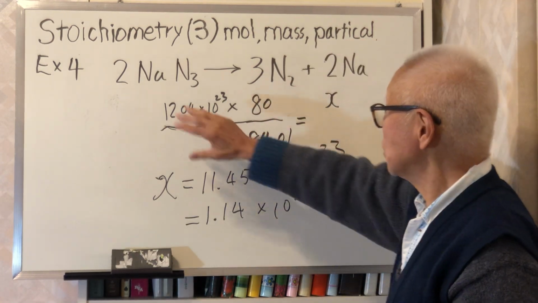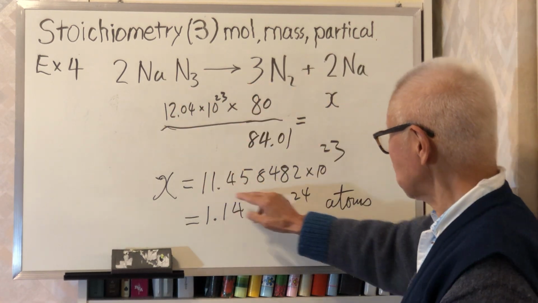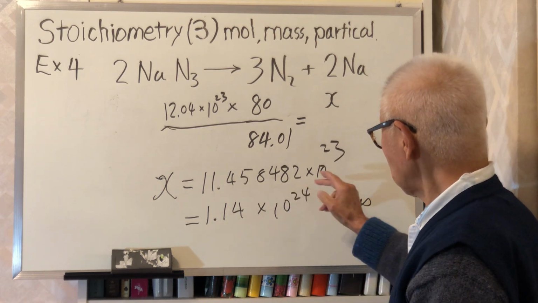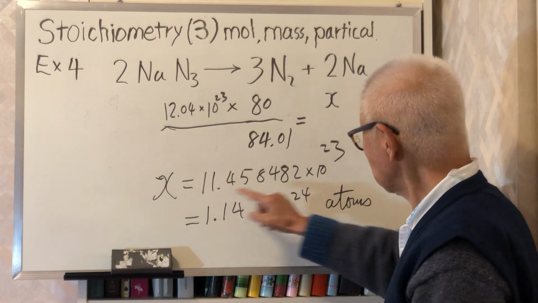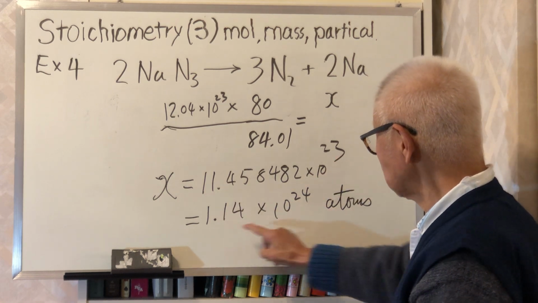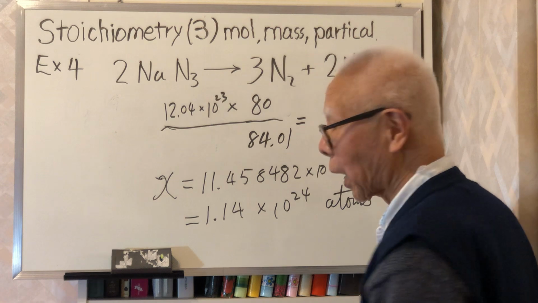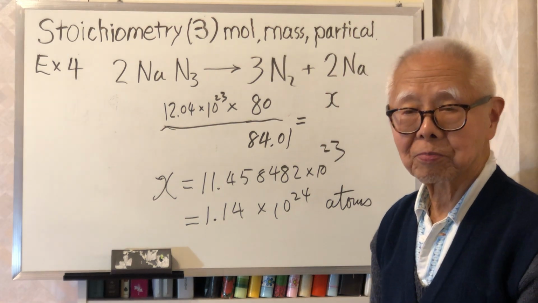Use your calculator to do this, and x is this, and I can round it. So move the decimal here. This becomes 24. So that is my answer.